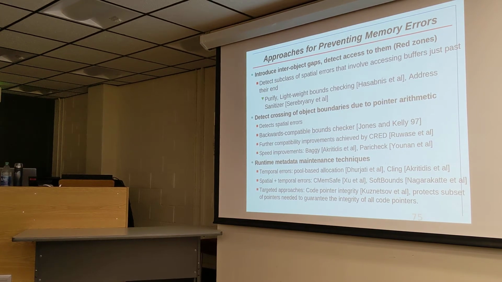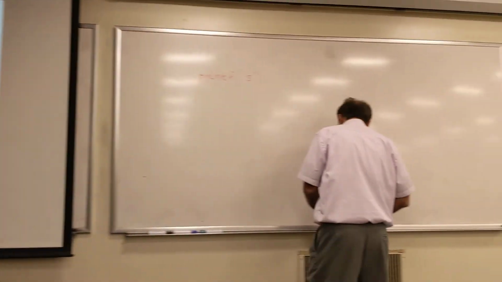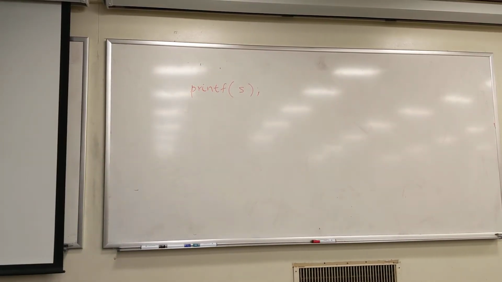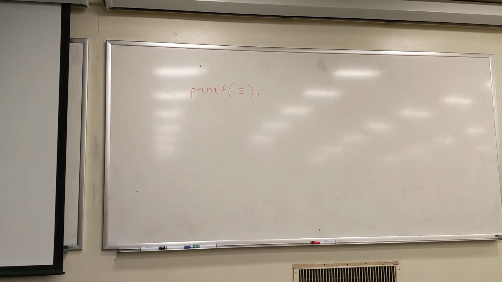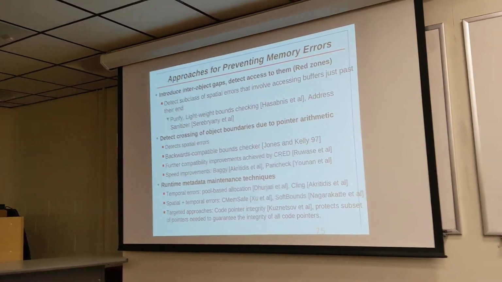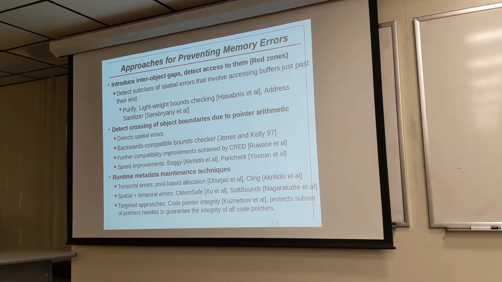No, see, the problem is that it happens often in your program that you will go outside the bound. Think of a for loop, right? When you terminate the for loop, the ending value of I will always be one outside the array.